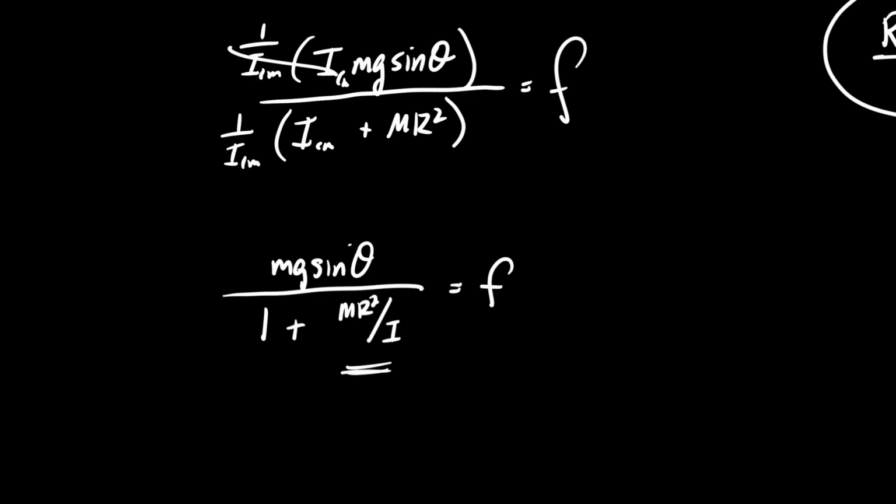That's going to be in the I, right? So if it's a solid sphere, then I get mr squared divided by 2/5 mr squared, or 5/2. If it's a hoop, it's just mr squared divided by mr squared, so it'll just be 1. If it's a disk, it's mr squared divided by 1/2 mr squared, so that number's 2. Do you see why I did that?